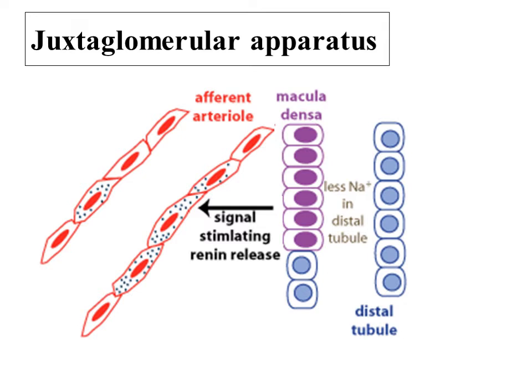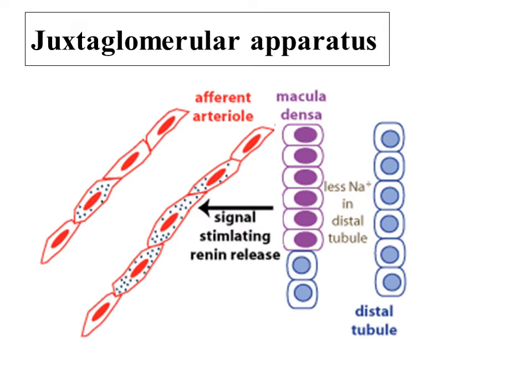Again, if we talk about renin and its production, renin is stored in the juxtaglomerular cells as prorenin, a proenzyme. When signals come from the macula densa due to decreased sodium or chloride concentration in the distal convoluted tubules, the juxtaglomerular cells secrete renin in the blood of the afferent arterioles.